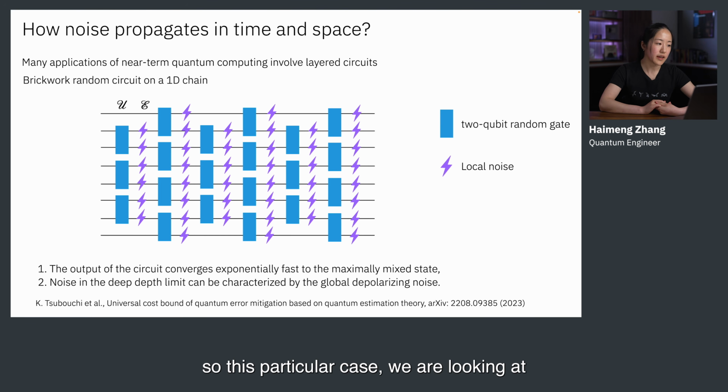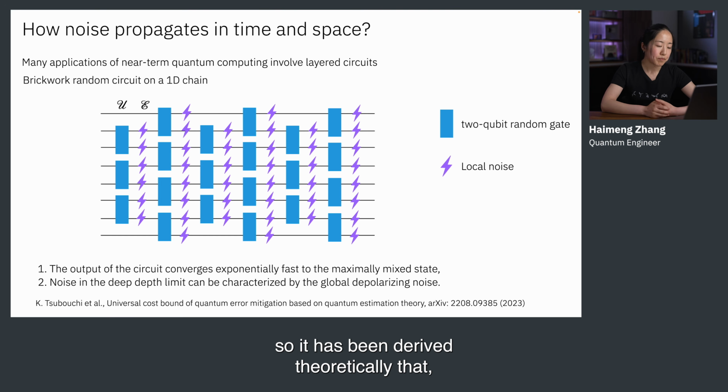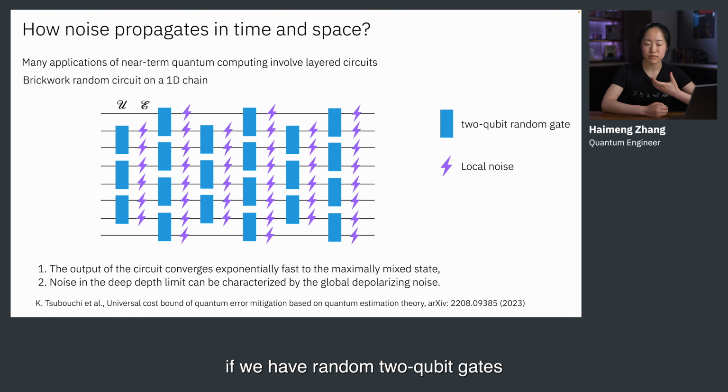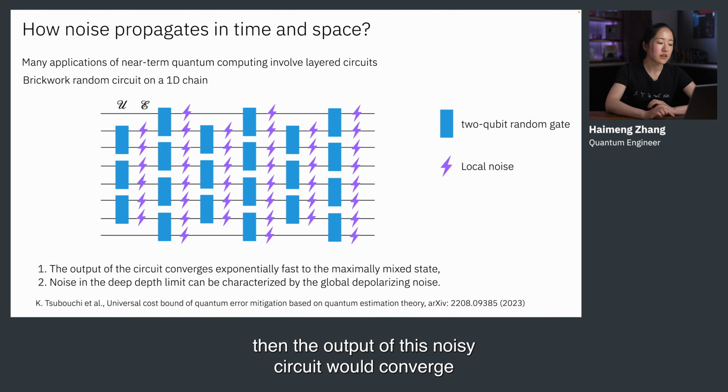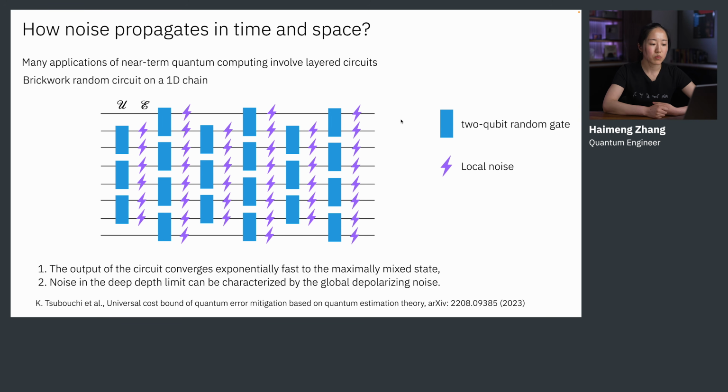In this particular case, we are looking at a brickwork random circuit on a 1D chain. It has been derived theoretically that if we have random 2-qubit gates and all noise is local, then the output of this noisy circuit would converge fast to the maximally mixed state.